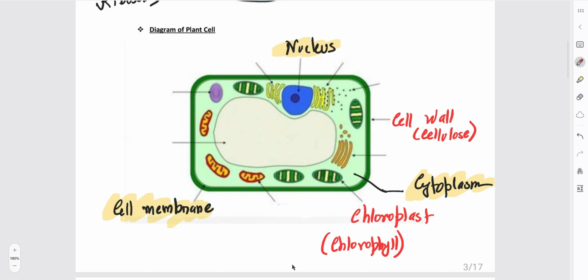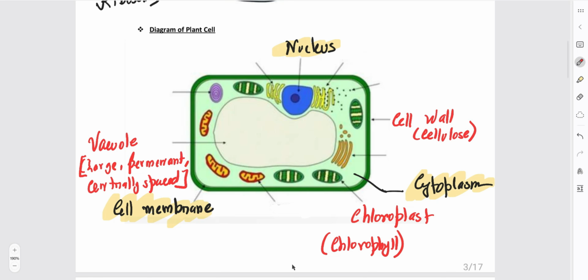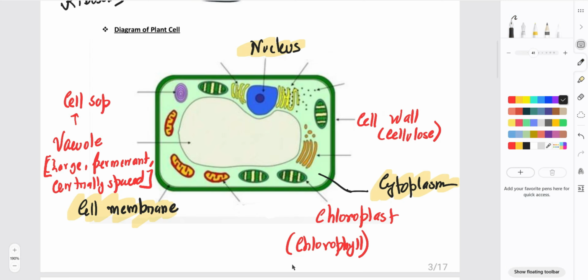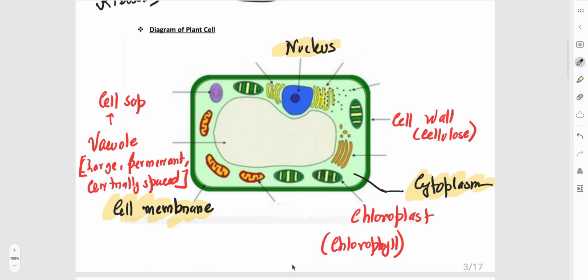Finally, plant cells also have a vacuole. But what's the difference? This is large, permanent, and centrally spaced. You can also say that this vacuole contains cell sap. So these are the three key structures that the plant cell has but animal cells don't.